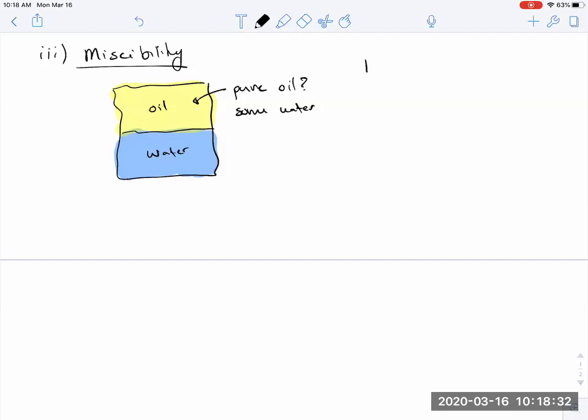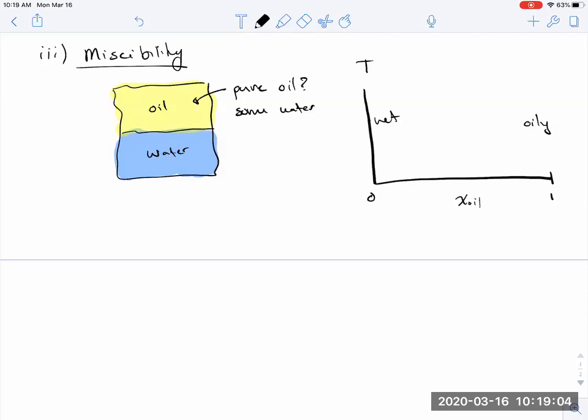For that reason, we can draw a phase diagram as a function of temperature and composition, say mole fraction of the oil, which goes from 1 to 0. Well, we could ask, over in the water or wet phase, differentiated from the oil phase, how much oil is in the water phase and how much water is in the oil phase.